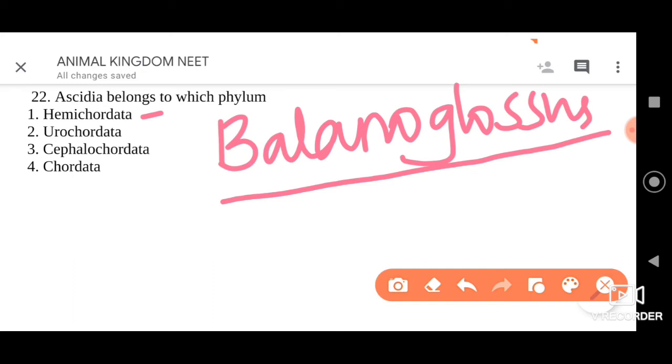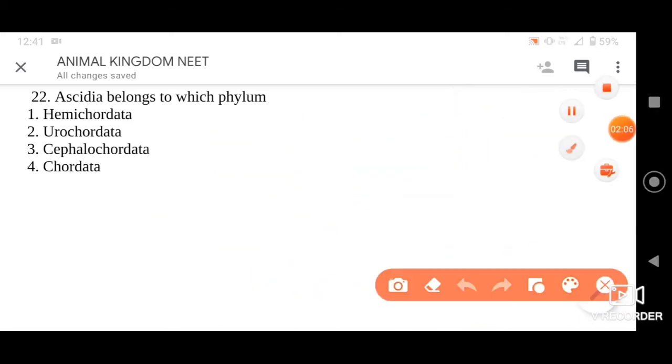So this is not a true chordate. Ascidia is a true chordate, so it belongs to the phylum Chordata. So please go for option 4, that is Chordata.